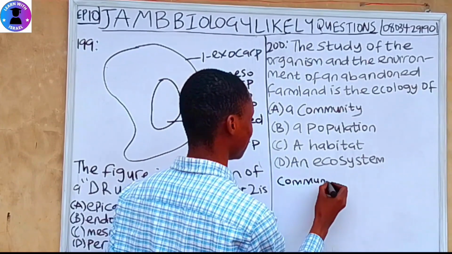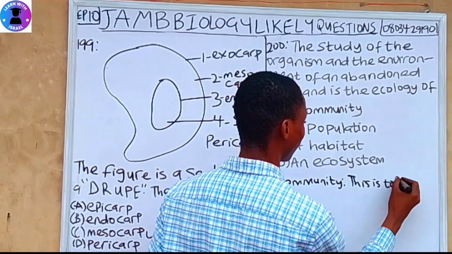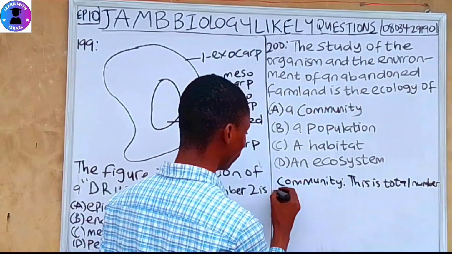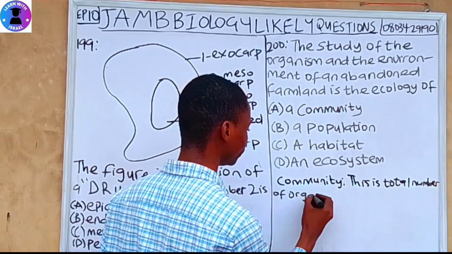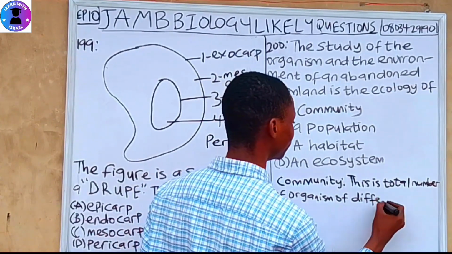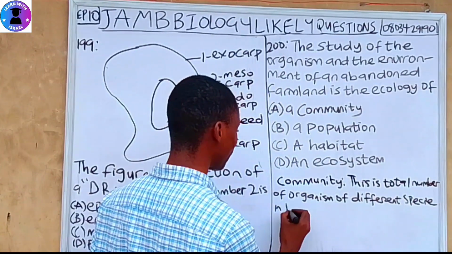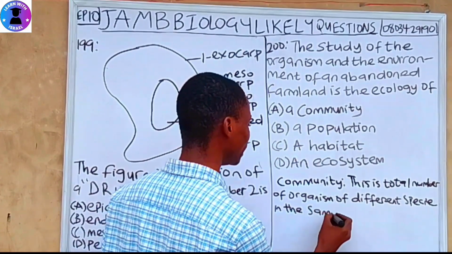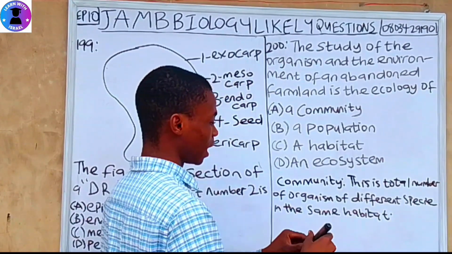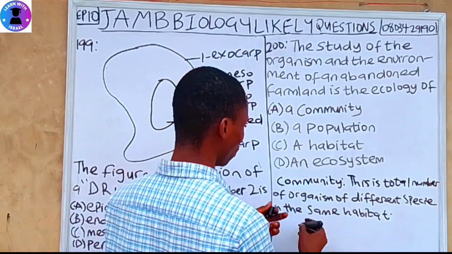Community. This is the total number of organisms of different species in the same habitat. So because of space, I will just explain population here also. So what's population?